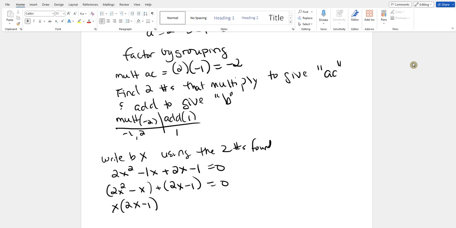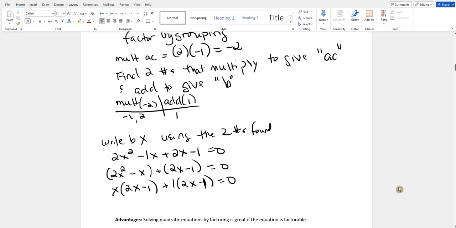When I factor out an x, I'm left with 2x minus 1. When I look at the second set, the only thing that's common is 1. So I'm going to factor out a 1. Basically, when you factor out a 1, whatever's in the parentheses just stays the same. So now I have a common binomial factor, which is 2x minus 1. I'll factor that out, and I'm left with x plus 1.